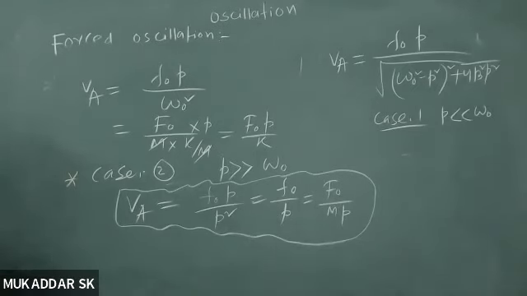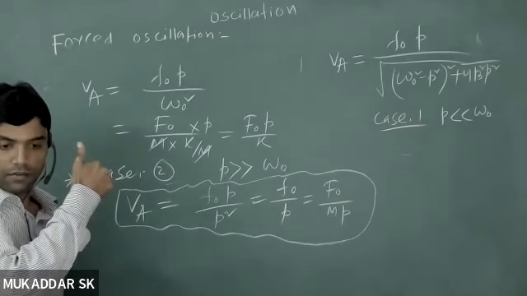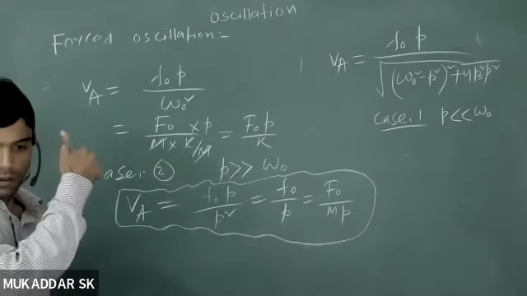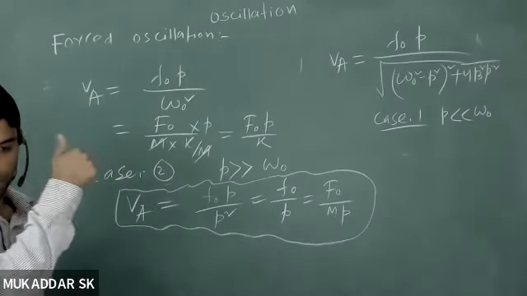Now you have already calculated the amplitude of displacement, at what value of P the amplitude of displacement is maximum. Now the question is at what value of P the velocity amplitude will be maximum. So there are two cases. The initial case was capital A, the displacement amplitude, right?